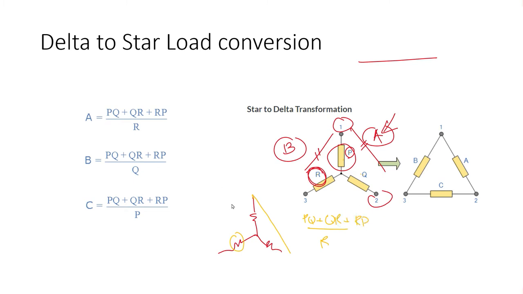Similarly, for this side we will have it divided by Q and PQ plus QR plus RP, and for this side divided by P and PQ plus QR plus RP. Okay, so this is the formula.